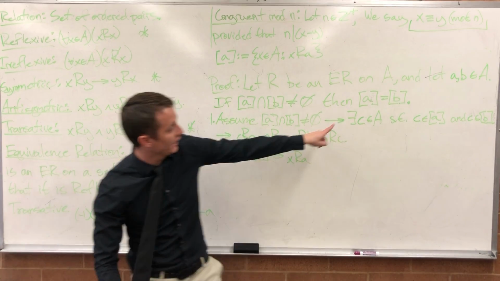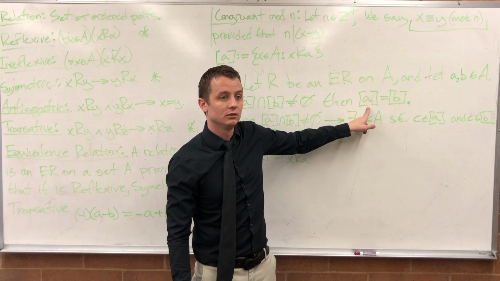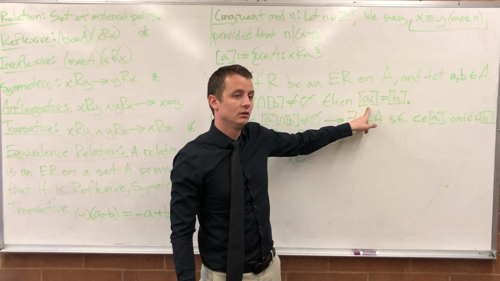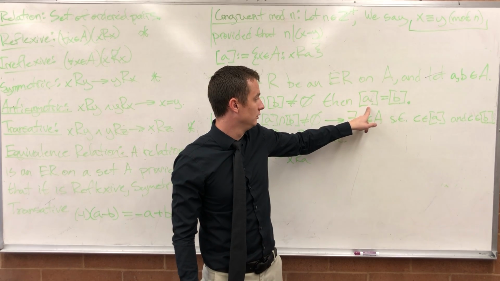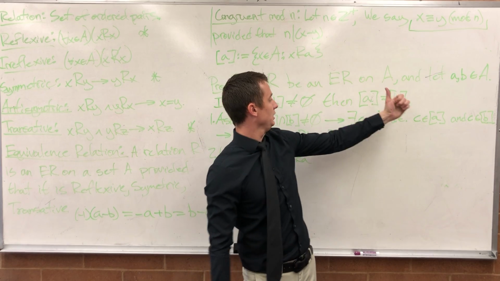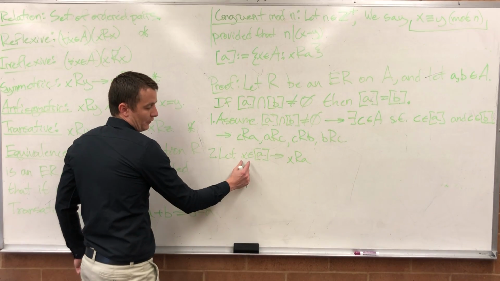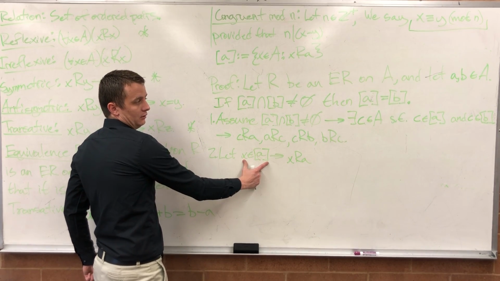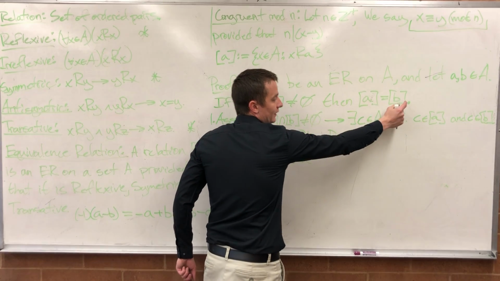So x is something random out of here. We'll do y in B going back, but first I grab a random x out of A, and now I need to show that x is also in here.